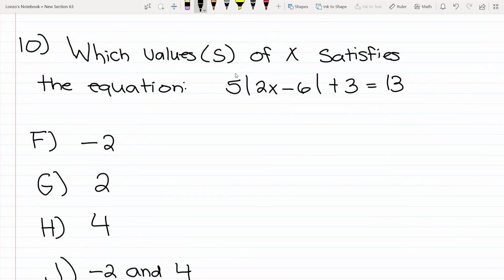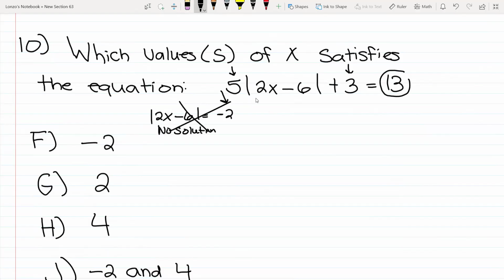You got to make sure there's nothing near the absolute value, so we got to get rid of this 5 and this 3. Then once you have nothing near the absolute value, you got to make sure this is positive. For example, if you had absolute value of 2x minus 6 equals, let's pretend it was negative 2, if this number is negative, you would say there is no solution.